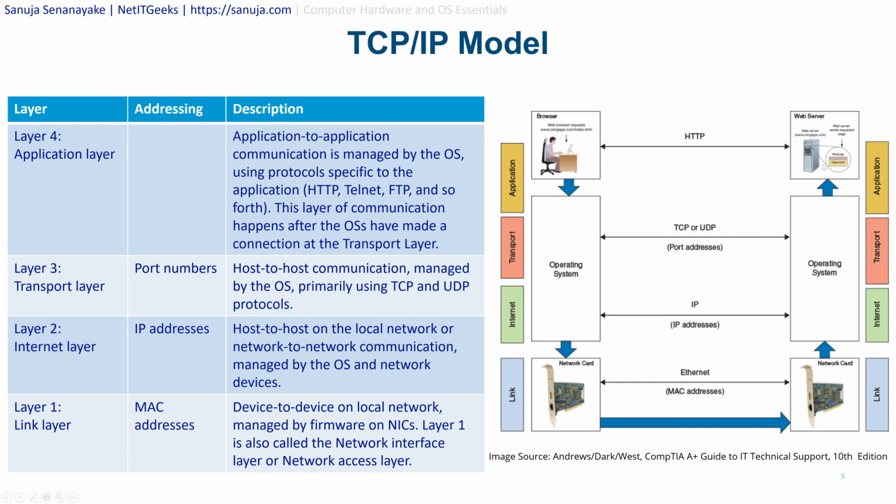As a result, that web server is going to send TCP or UDP port addresses back to the user. It's going to communicate that information, and it's also going to communicate the IP addresses. And then, on your device, the network interface card is going to communicate with the network interface card on the web server. That's how this final communication is going to happen.